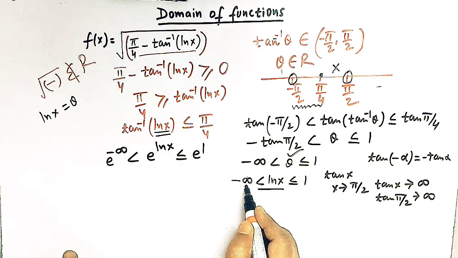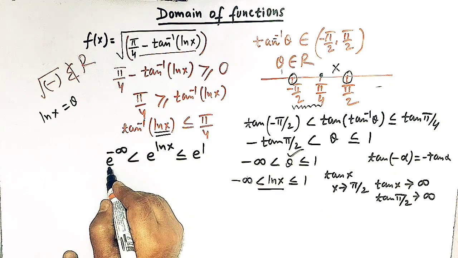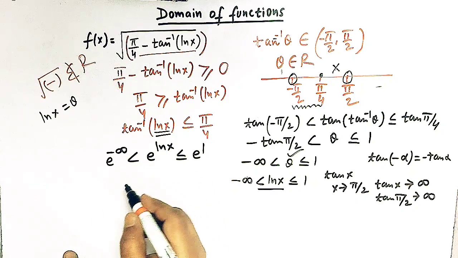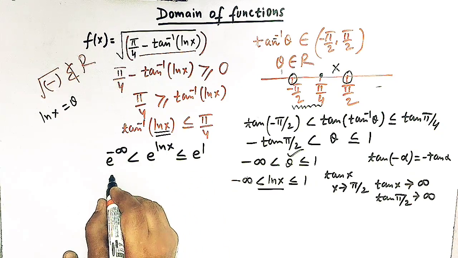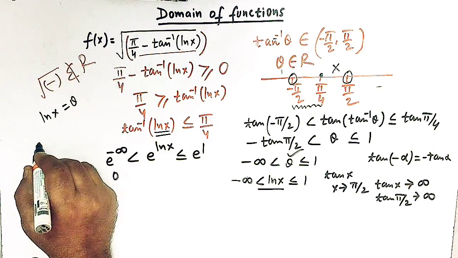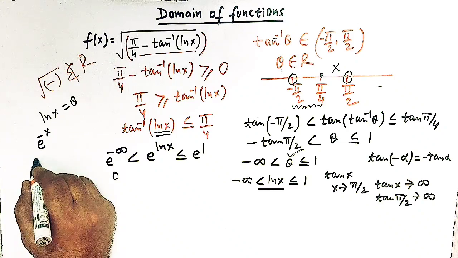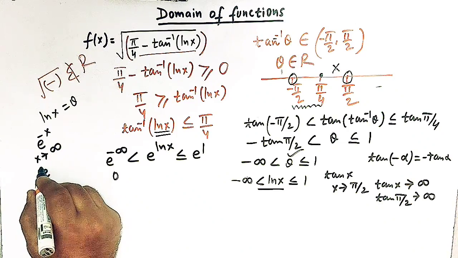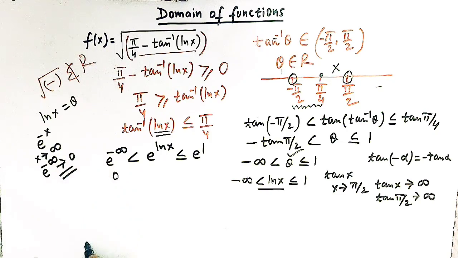So raising these three quantities as powers of e, where e is the exponential number and e is an irrational number, e raised to minus infinity is 0, because we know that if we have the function e raised to minus x, and when x tends to infinity, then e raised to minus x tends to 0, right?